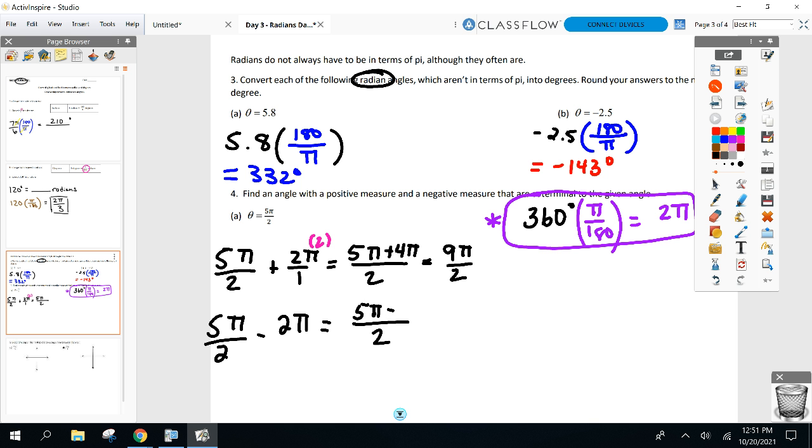What do you still have to multiply 2 pi by? 2, right? So it's still minus 4 pi. Ooh, what are you going to get there? What am I going to get? 5 pi minus 4 pi. 1 pi over 2. Guys, what's the problem?